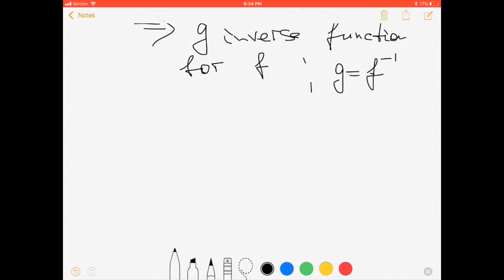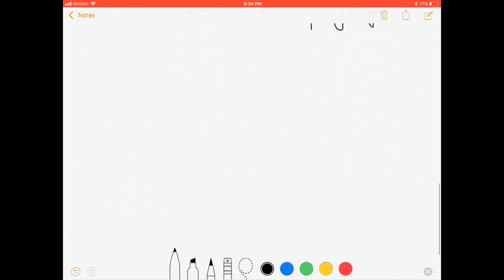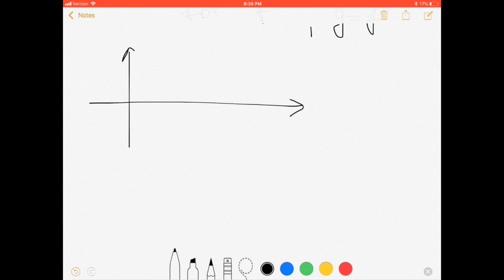Okay, how can we see whether a function is invertible or not? If we have graphs, it will be simpler, because as we remember from our definition, we need a one-to-one function. For example, I build something like this.